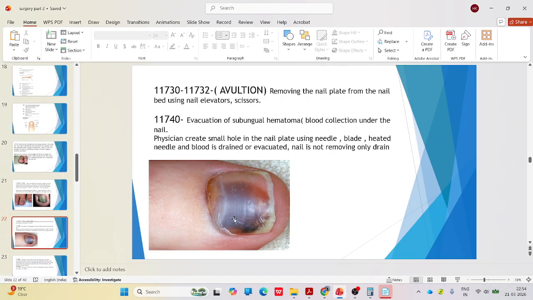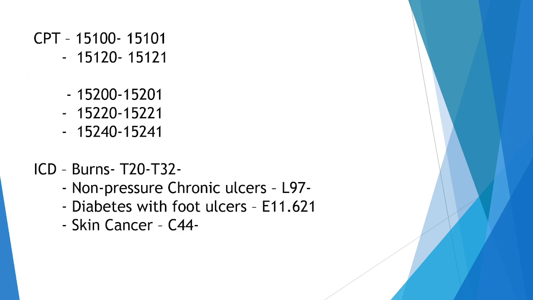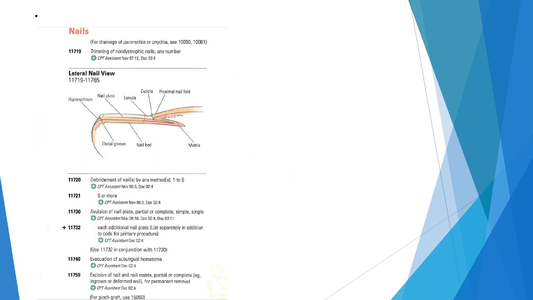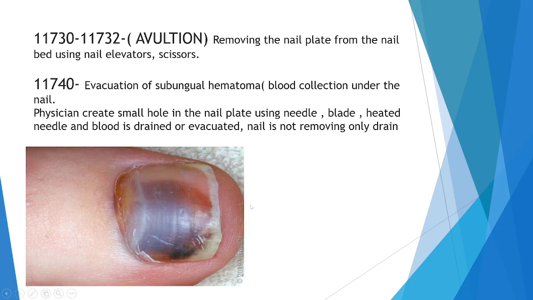So coming to the next, that is an avulsion. So what is avulsion? Avulsion means removal of the nail plate from the nail bed. As you see now, inside there is a nail bed and the upper side is the nail plate.